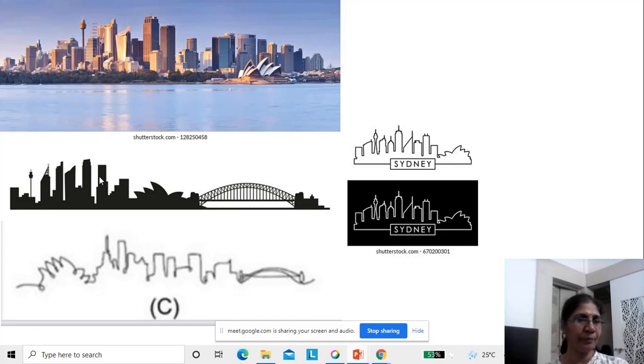This is silhouette. Okay, when we show it like this, completely filled with the black color, and you can just see the outline and the skyline, this is called a silhouette. This is just the single line sketch of outline of skyline of the city, right? और ये जो है ओरिजिनल पिक्चर है.